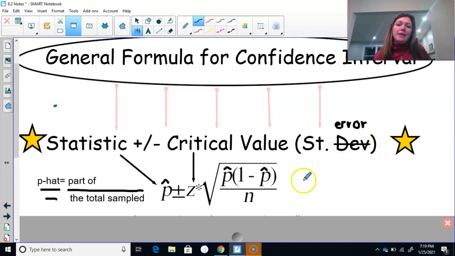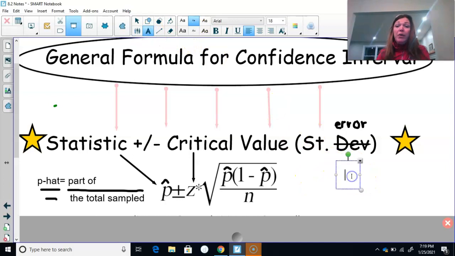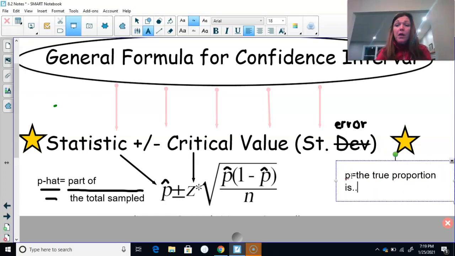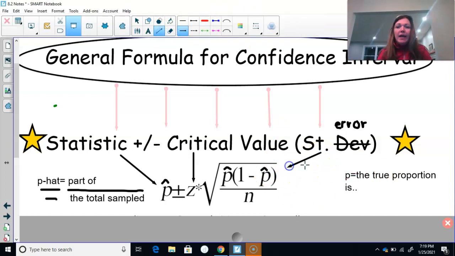The reason we have to estimate it, guys, is we don't know what p is. We have no idea what the true proportion is. We're trying to estimate that by coming up with a confidence interval. So right here, guys, here's our formula for our standard error, okay?